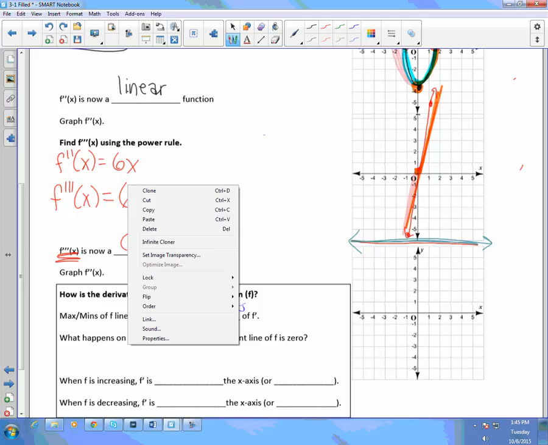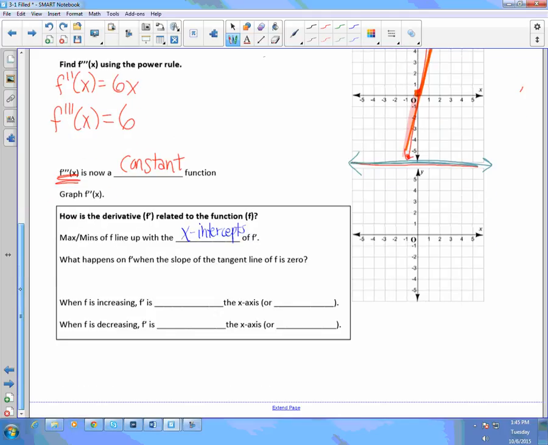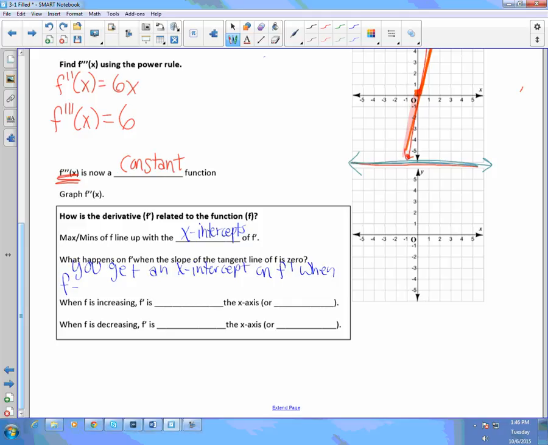You get an x-intercept when f's tangent line is 0.